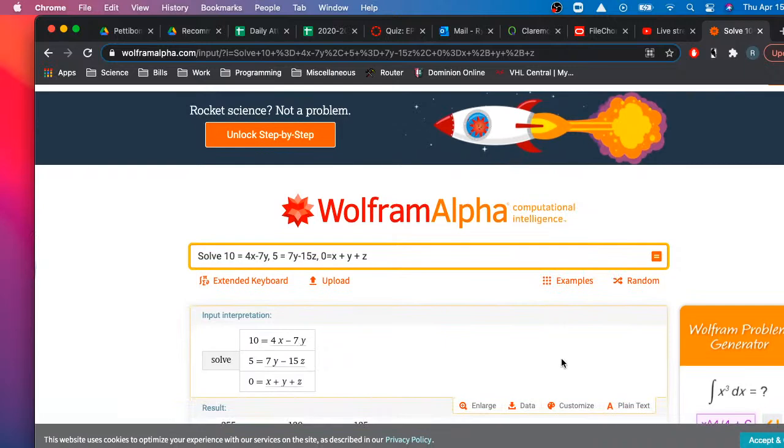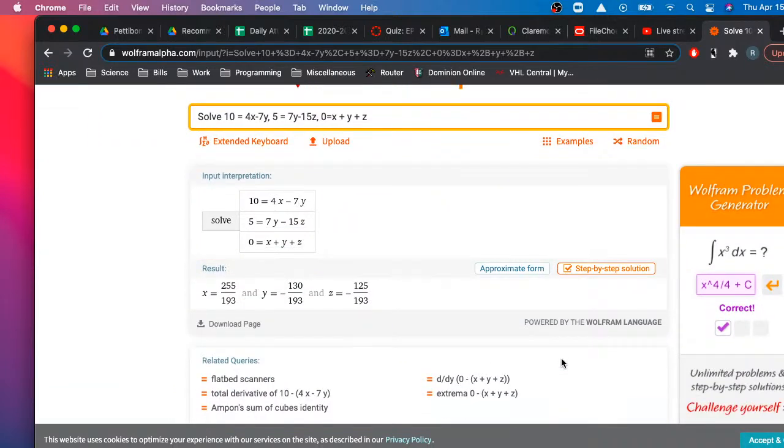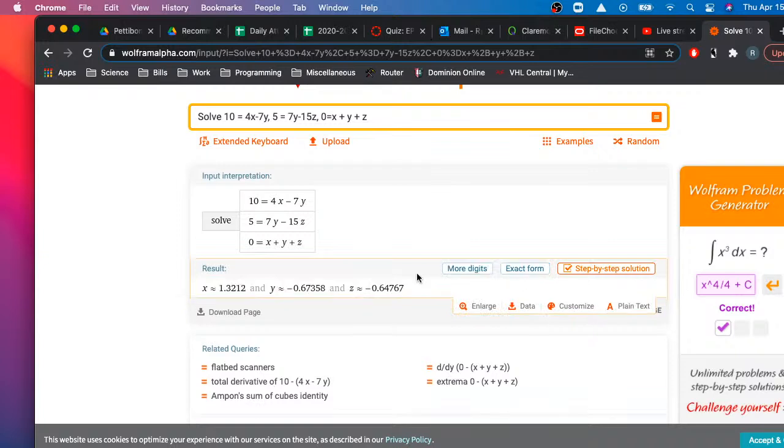So it is solving them correctly. I'm going to do approximate form. Okay, so it says that x, which was I1, is plus 1.32 amps.